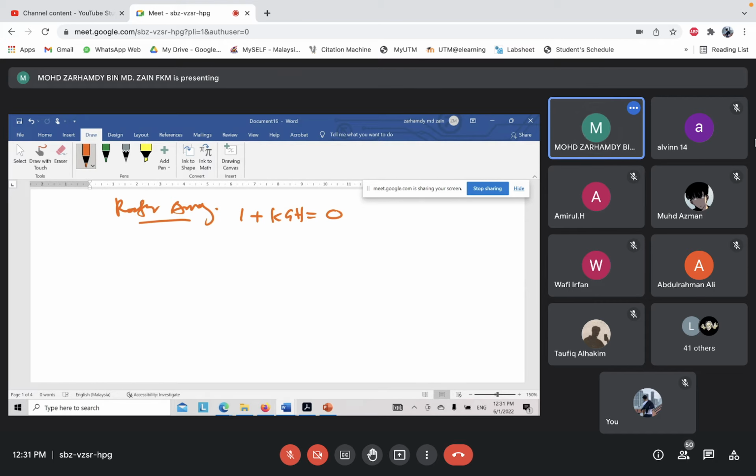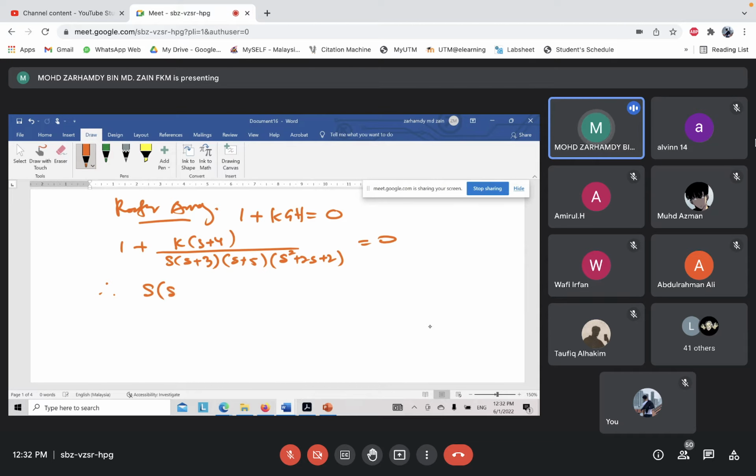Case kita ni, mana sistem kita? Sistem kita adalah 1 plus KGH is K(S plus 4), and we have S plus 3, S plus 5, and we have S square plus 2S plus 2 equal to 0. So our characteristic equation is S berapa?